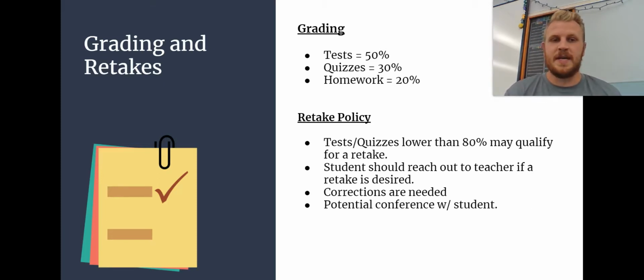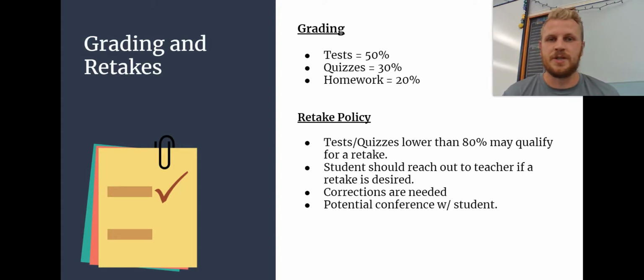If you need to retake a test or a quiz, here's what you need to do. If you got an 80% or lower, so if your score was below a B, okay, you qualify for a retake. You should reach out to me if you want to retake the test within a week, okay? So I don't want you reaching out to me 2 months later because it's no longer relevant to our studies, okay? So please make sure that you're reaching out to me within a week. You can reach out to me by email.